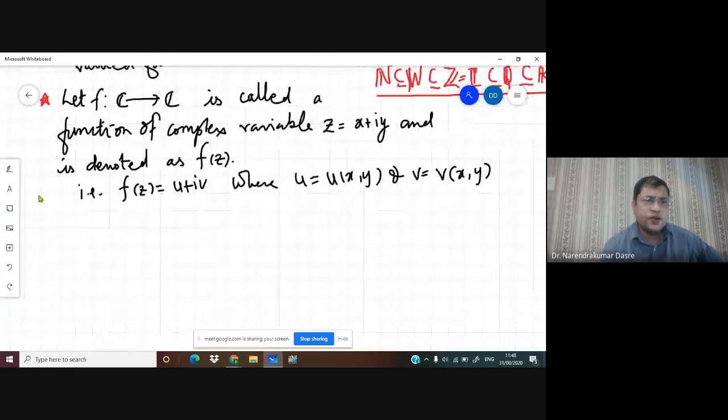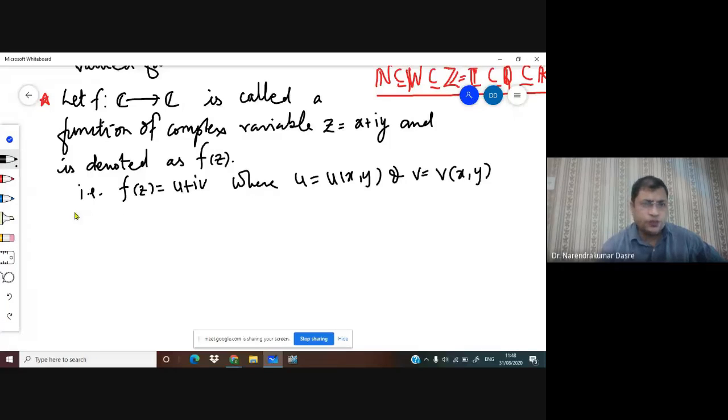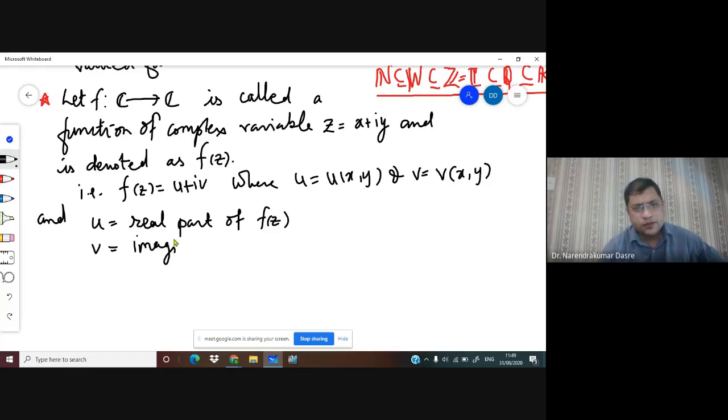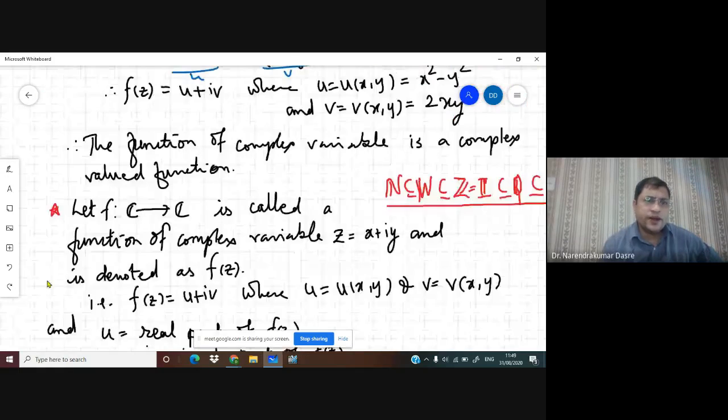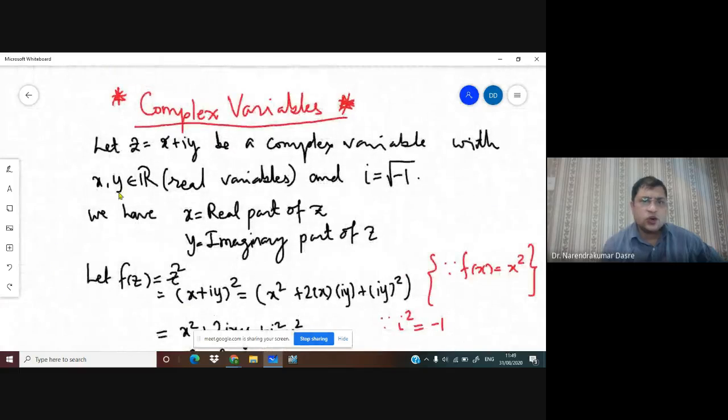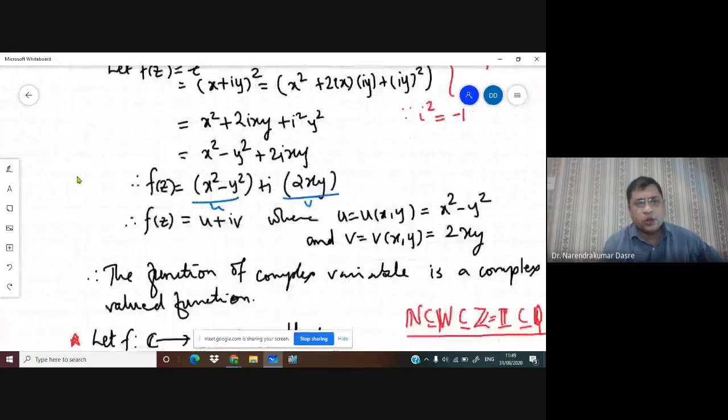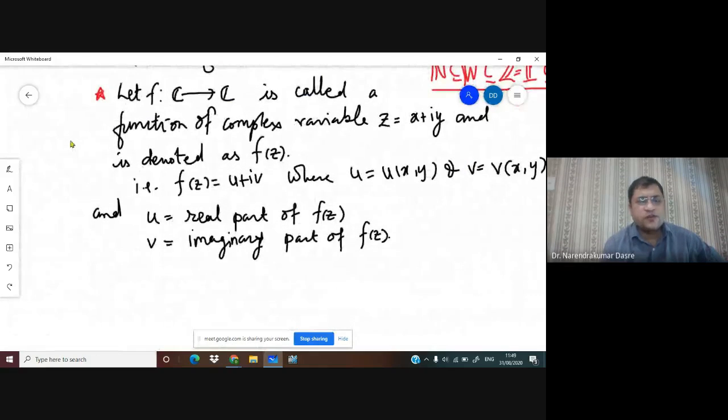And moreover, u is the real part of the complex function f of z, and v is the imaginary part of the complex function f of z. Okay, so this way, starting from the complex variable, we are able to define the complex function.